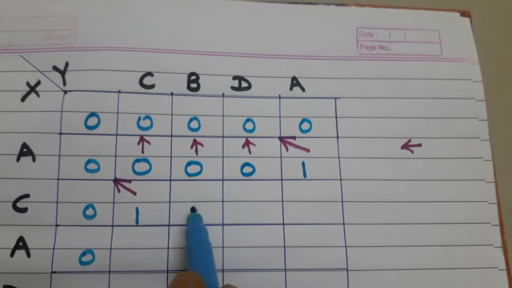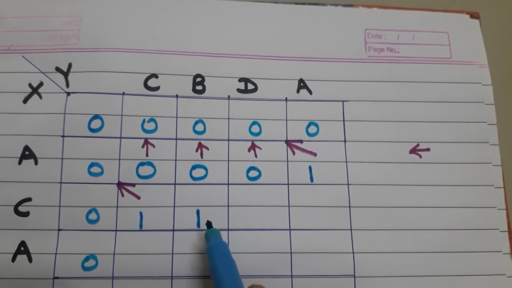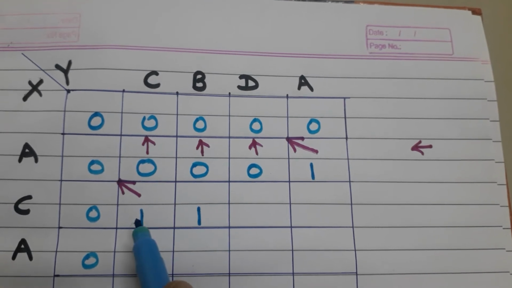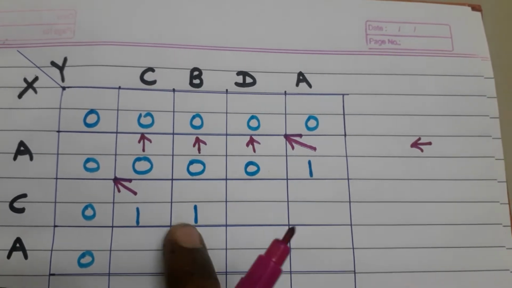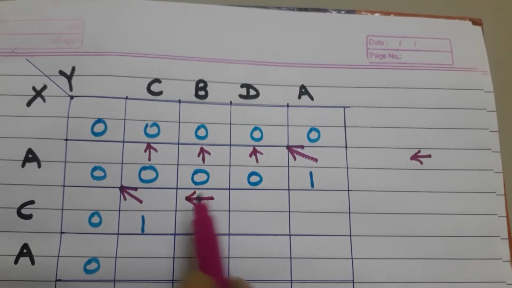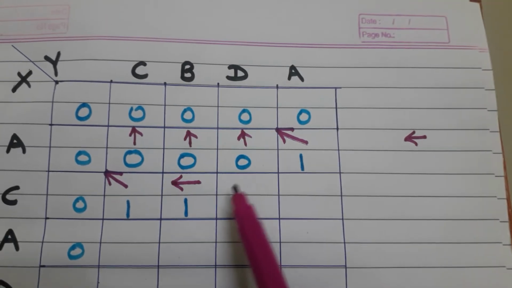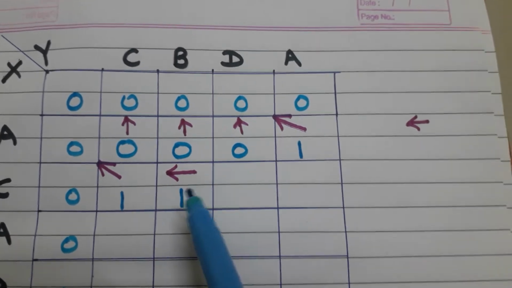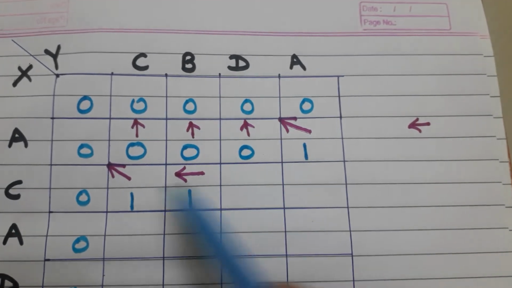This 1 comes from this side, so we will draw an arrow like this. Now after that we have to fill this cell. Again we compare: C is given and D is given. Both are different.